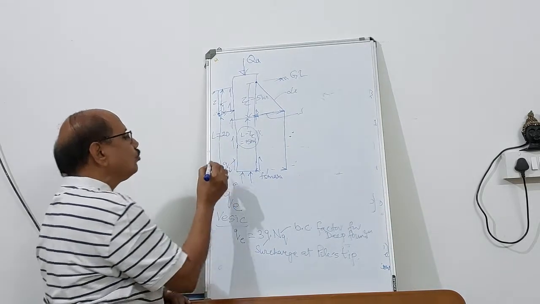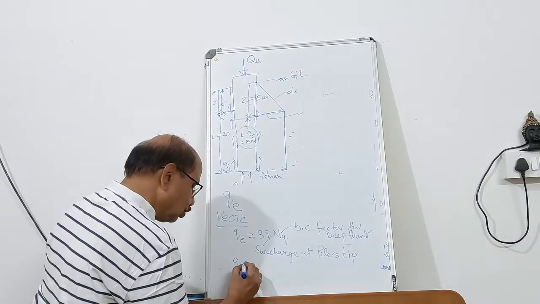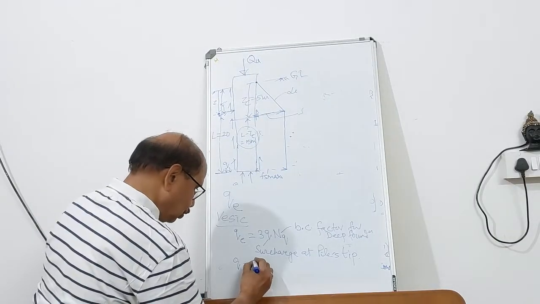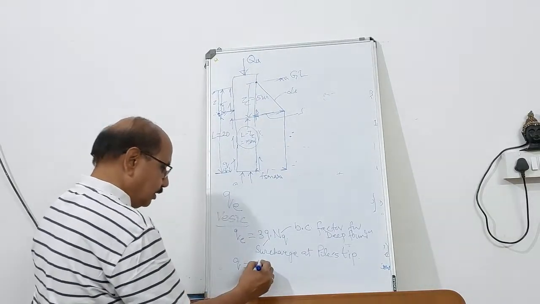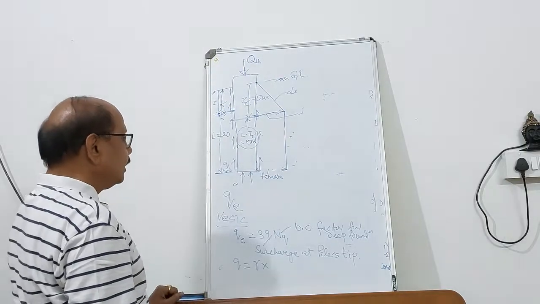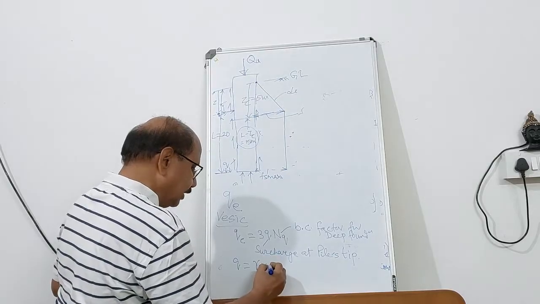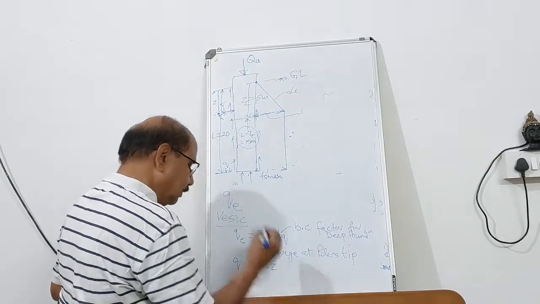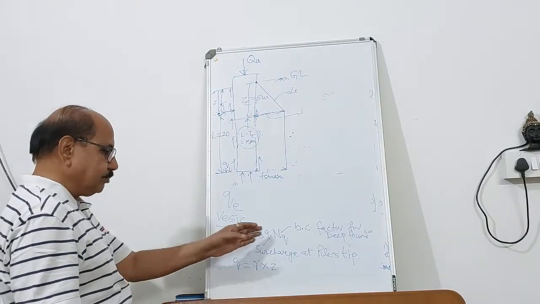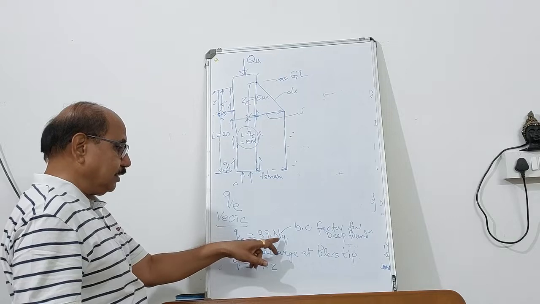The value of surcharge Q will be, what is the unit weight? If you know the unit weight multiplied by the value of the total depth up to this level, that will become the surcharge. So surcharge can be computed.